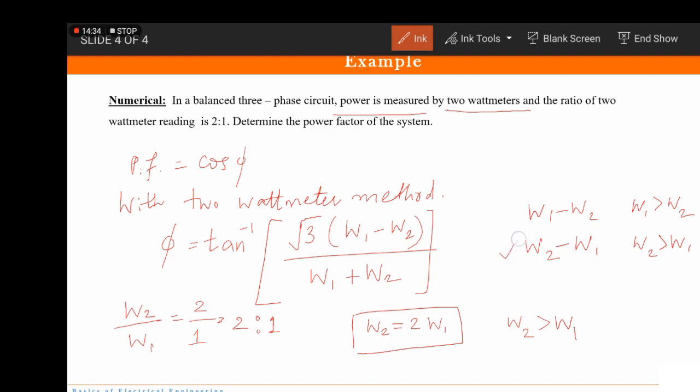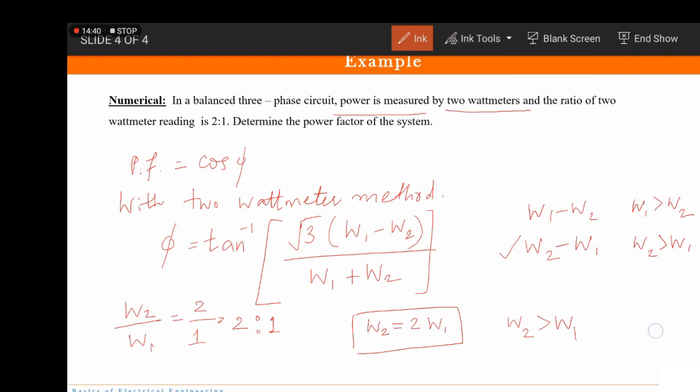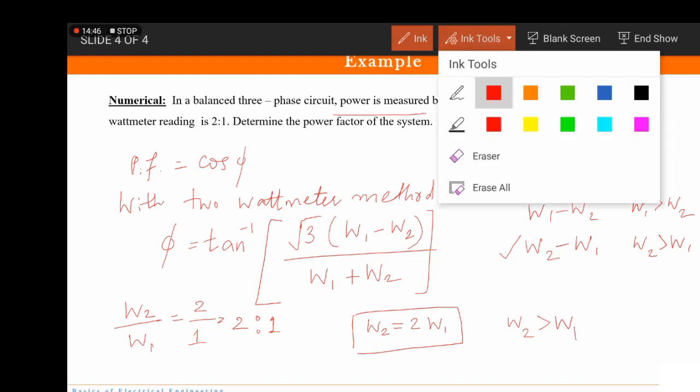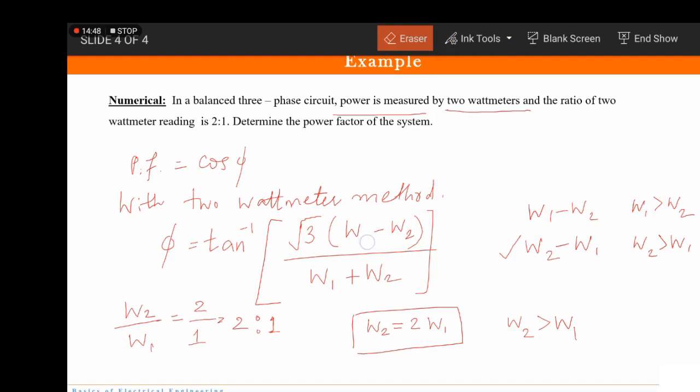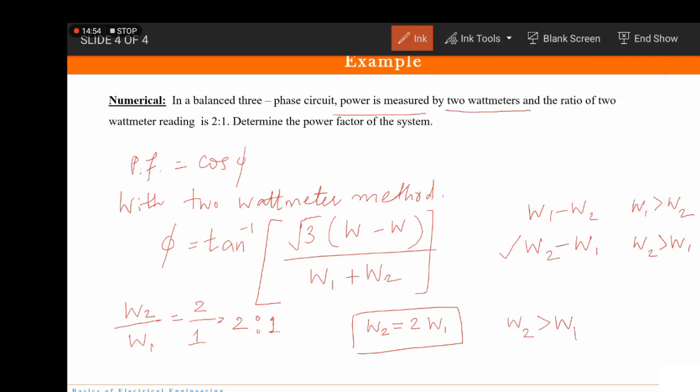So which equation I have to use between these two? I have to use this. This is a standard equation, please remember that. I'm telling you how to write the proper equation for that particular numerical. Fine. So here I will say that in this numerical, W2 is more and hence the equation becomes this. Okay.